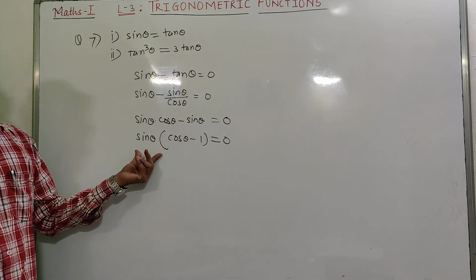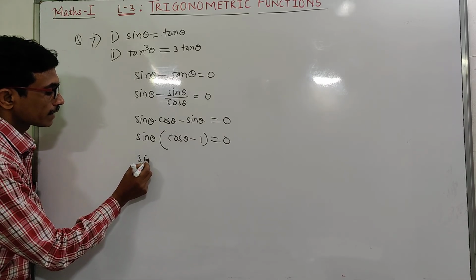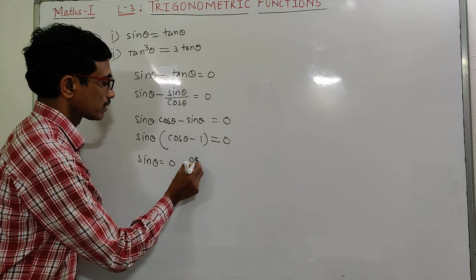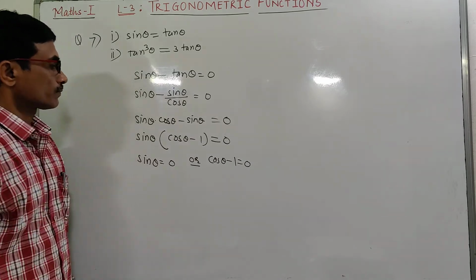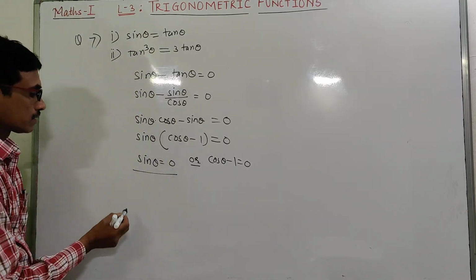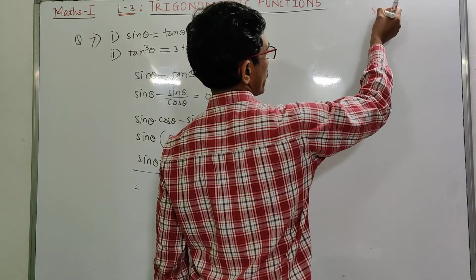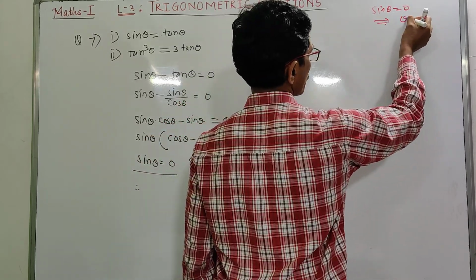So either sin theta is 0 or cos theta minus 1 is equal to 0. So therefore sin theta is equal to 0 and or cos theta minus 1 is equal to 0. What do we get? Sin theta is equal to 0 implies theta is equal to what? We have the identity: sin theta is equal to 0 implies theta is equal to n pi.